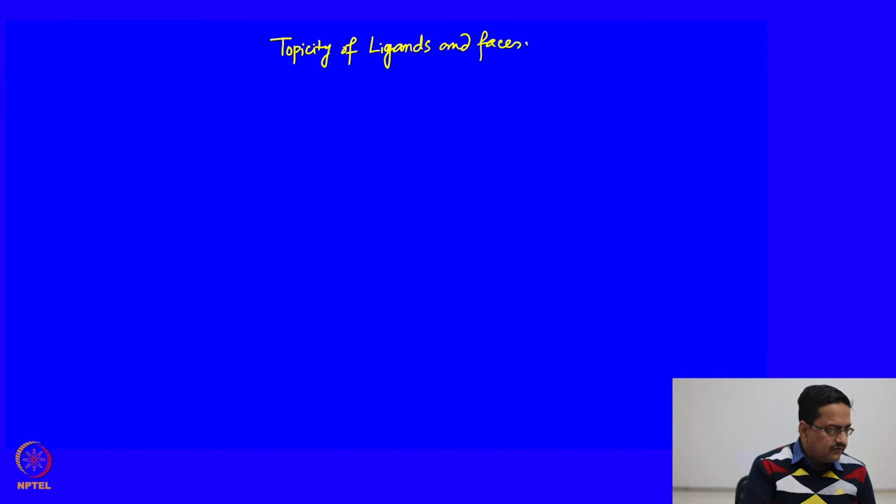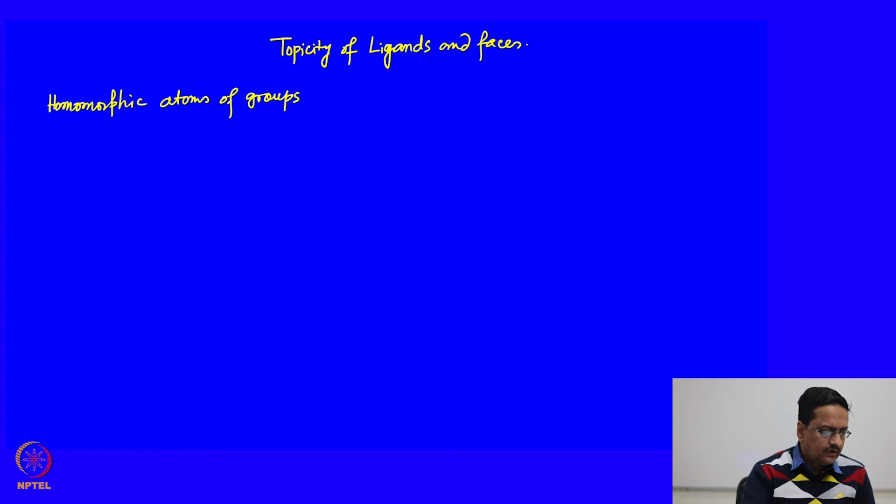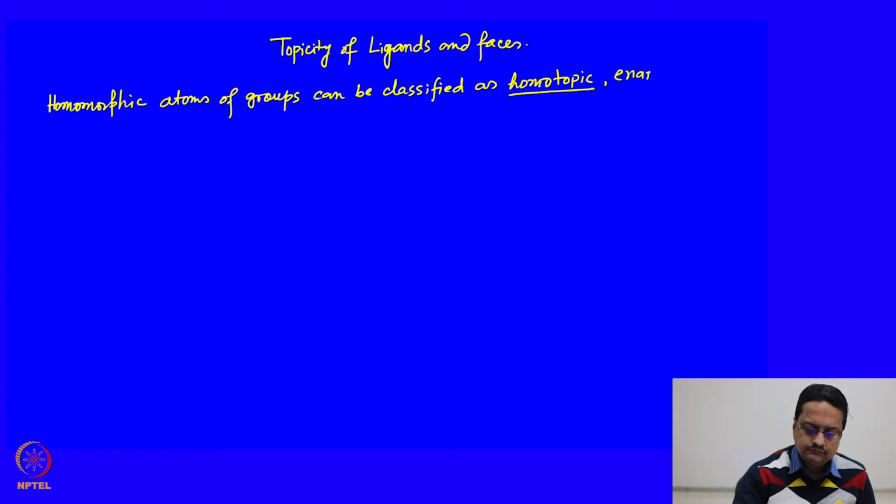So, we can say that homomorphic atoms or groups can be classified as homotopic, enantiotopic, and diastereotopic.